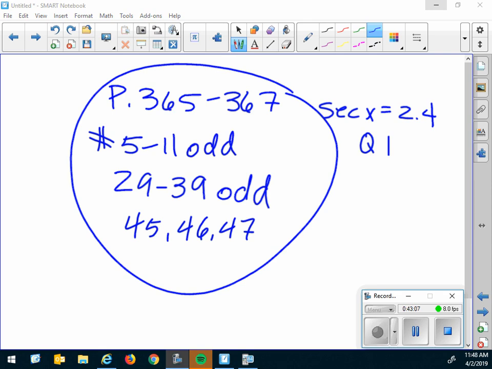On Thursday, you're going to have a short quiz over the graphs of sine, cosine, tangent, cotangent, secant, cosecant. I won't have a bunch of graphs on there, but I will have probably 2 is what I'm looking at, and they'll be sine and cosine graphs. Okay.